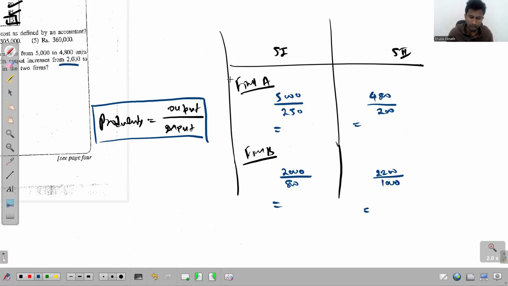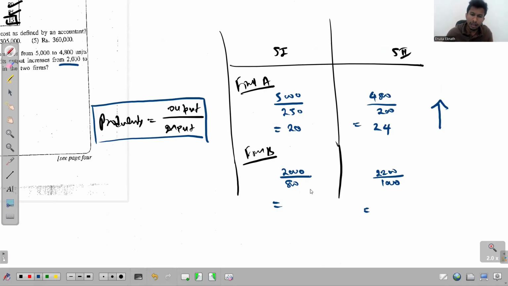The first one is 5000 divided by 250, and that gives us 20. In the second situation, 4800 divided by 200 gives us 24. So you can understand what has happened to the labor productivity in firm A: the productivity has increased.